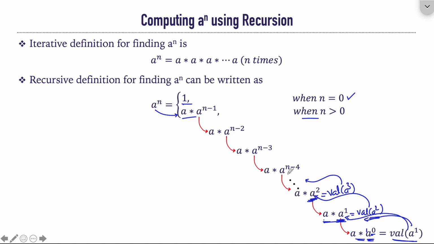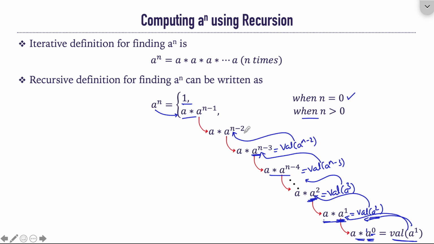And so on, we reach a into a power n minus 4, where we get the value of a power n minus 3. This is the value of this term, right? So you just substitute the value of a power n minus 3 in this place to get the value of a power n minus 2.